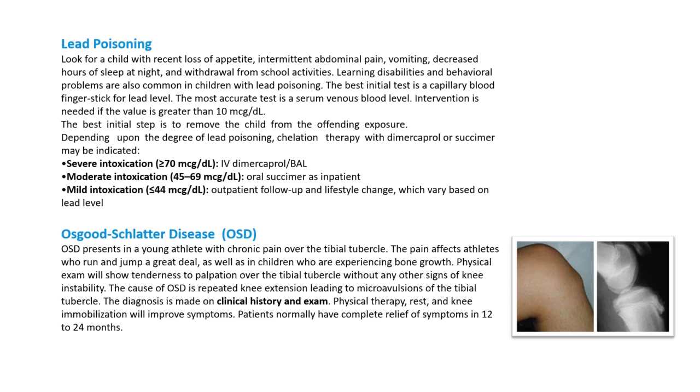Learning disability and behavioral problems are very common in children with lead poisoning. The best initial test is a capillary blood finger stick for lead level. The most accurate test is a serum venous blood level, and intervention is needed when the value is greater than 10 micrograms per deciliter.